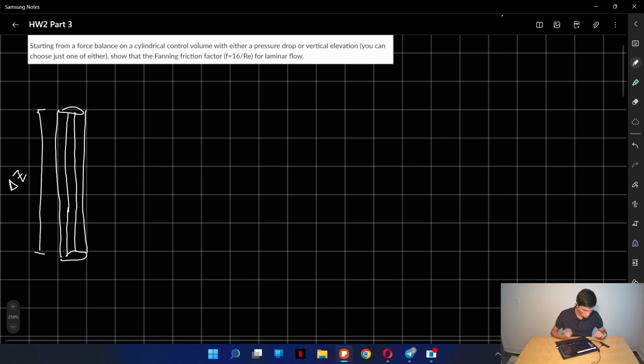To do a force balance, the first force we have is the weight of the liquid column.